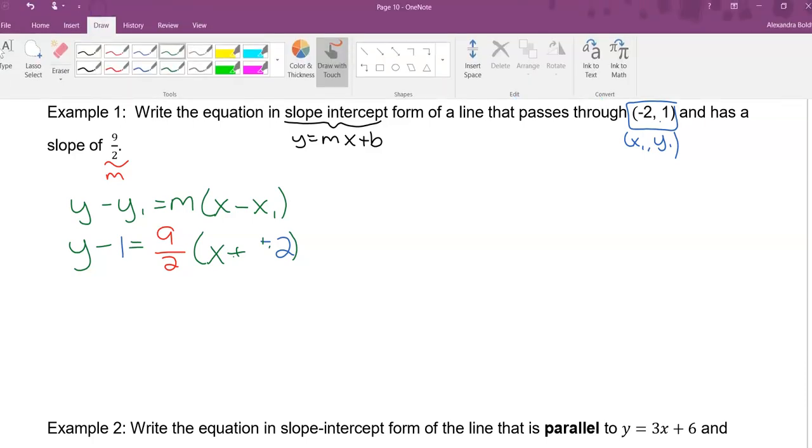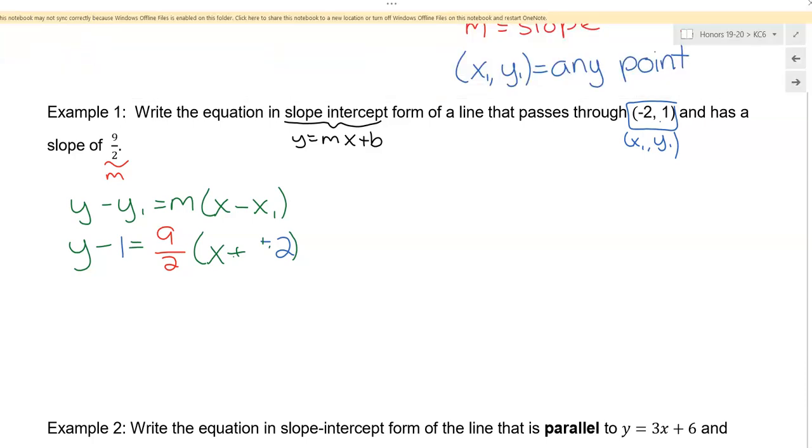All right. Now I'm just solving for y. It's exactly like what we did the other day to get y by itself. I'm going to distribute. So I get y minus 1 equals 9/2 x, and then 9/2 times 2 is 9.